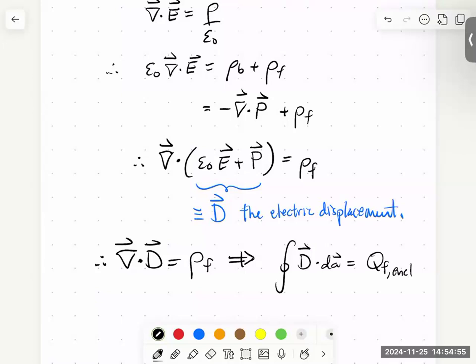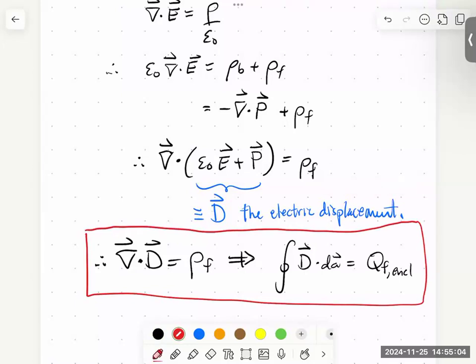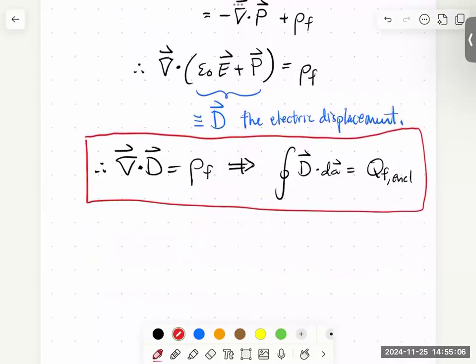The only difference is we don't have to divide by epsilon naught. So this is Gauss's law for polarized materials, matter.